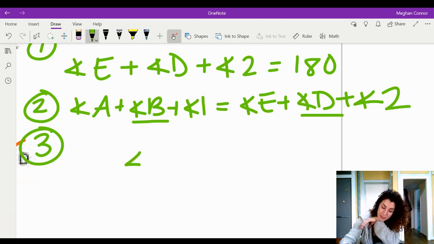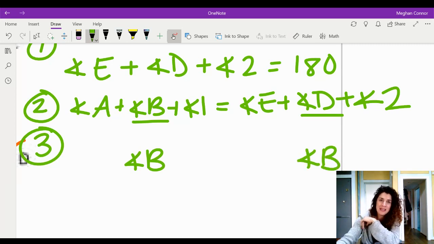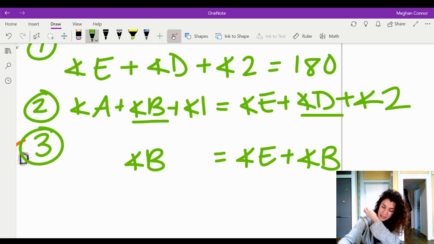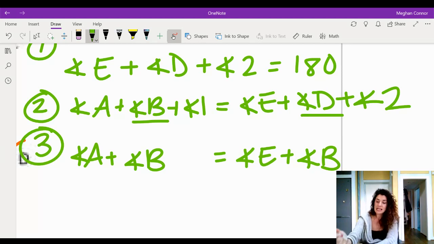So I would keep angle B in this equation and replace angle D over here with angle B. That's a substitution. I'm still keeping angle E plus, I'm still keeping the equal sign, and I'm still keeping angle A plus. I'm just taking out angle D and replacing it with angle B.